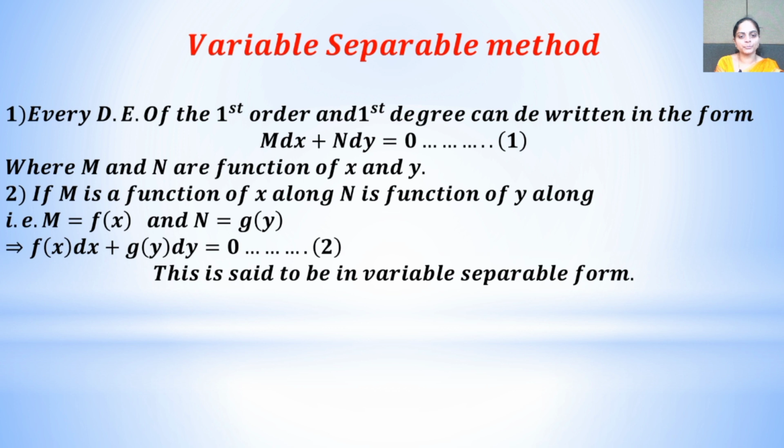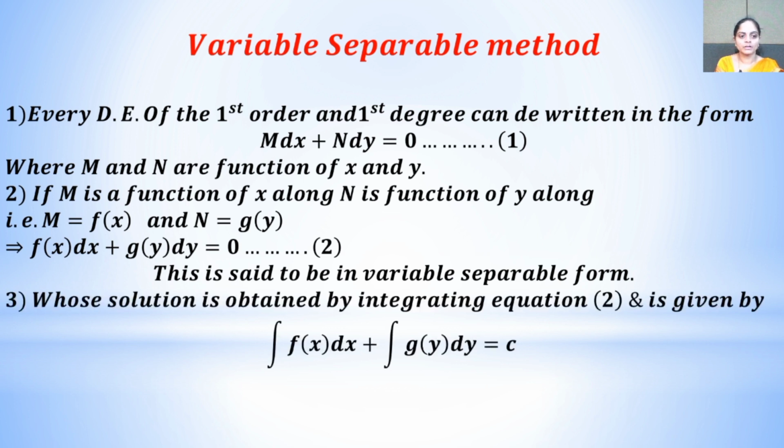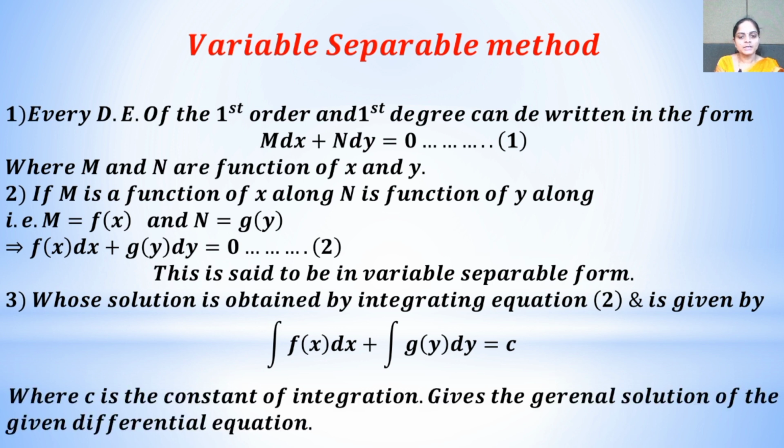This is said to be in variable separable form, whose solution is obtained by integrating equation 2 and is given by integration of f of x dx plus integration of g of y dy is equal to c, where c is a constant of integration, which gives the general solution of the given differential equation.